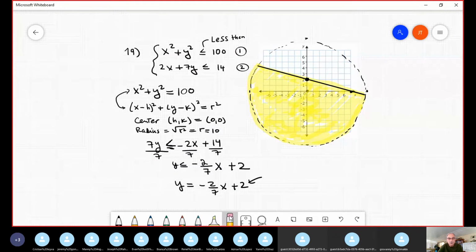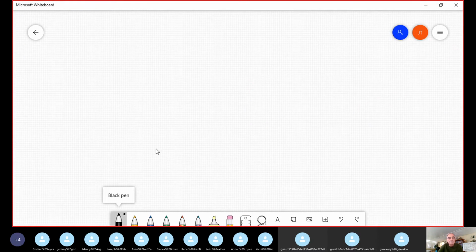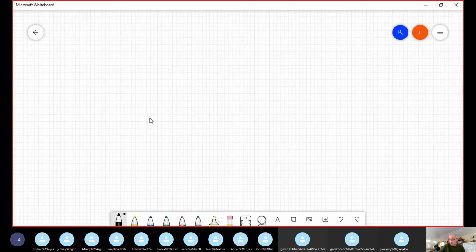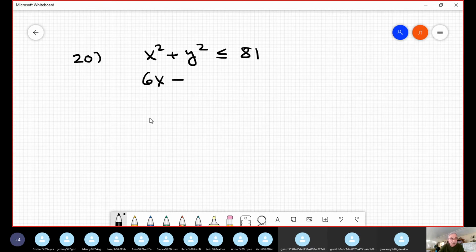Okay. In this moment, you see the board, right? 20 is similar. 20 is very, very similar. 20 is x squared plus y squared less than or equal to 81, and 6x plus 6y less than or equal to 36.